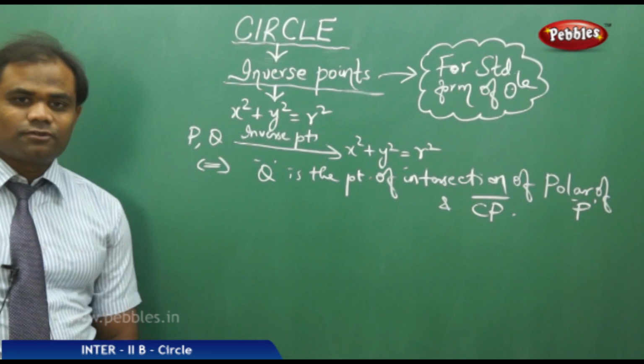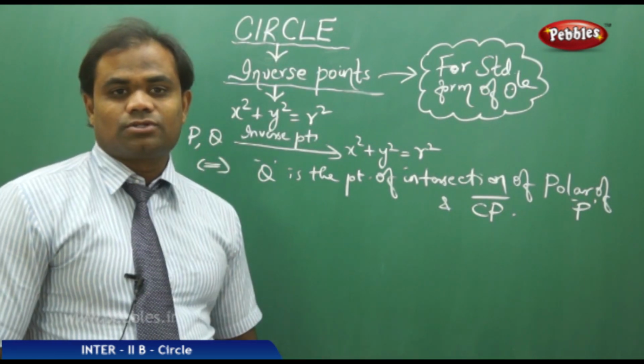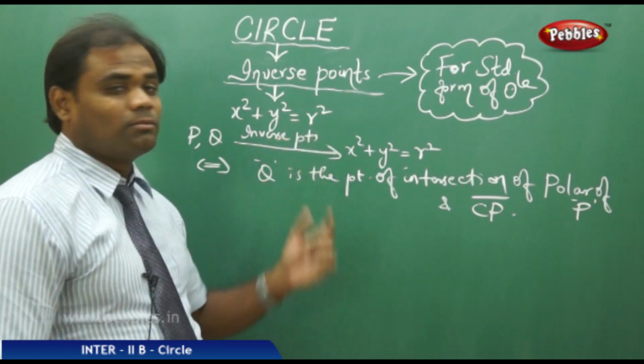So the point of intersection of CP and the polar of P will give us the 2 points to be inverse points for the standard form of circle.